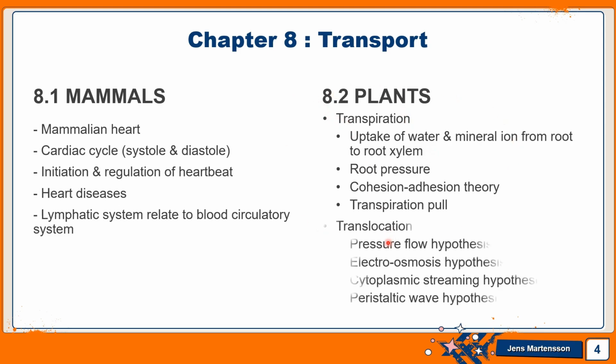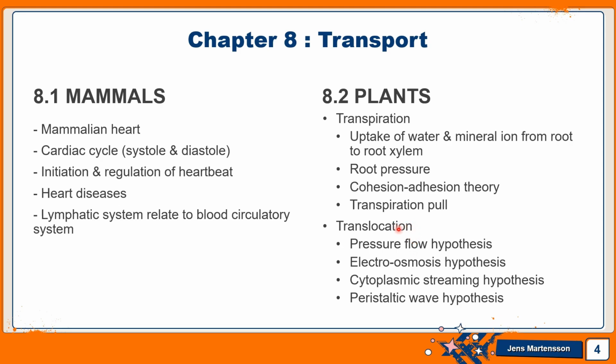But another topic is translocation. This topic you have never learned in SPM. In SPM you just learn the meaning of translocation only. The meaning of translocation is the phloem function, right? It absorbs the nutrients in the leaf and then transports the organic nutrients to all parts of the plant.